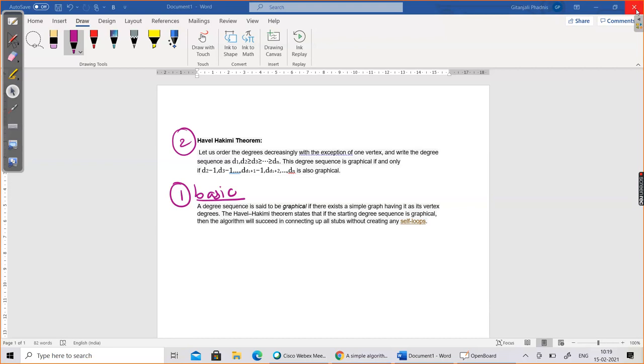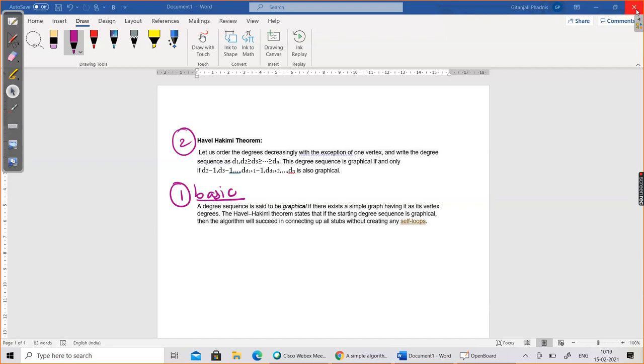A degree sequence is said to be graphical if there exists a simple graph. It tells what we mean by a degree sequence being graphical: if there exists a simple graph, so we are sticking to simple graphs, having it as its vertex degrees.